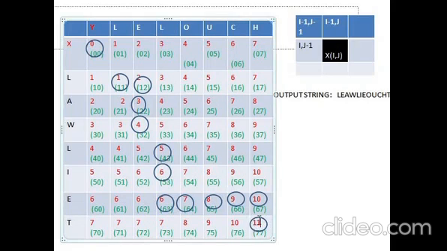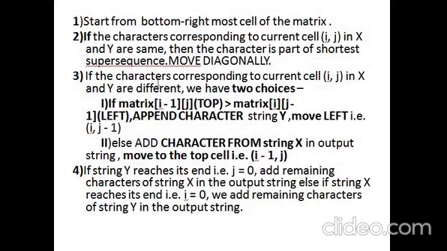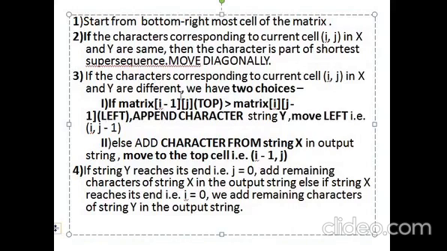Here we have T and H. They are not the same, right? So what the algorithm says is that if they are not the same, then we have two choices. One is we check if the top element is greater than the left element.